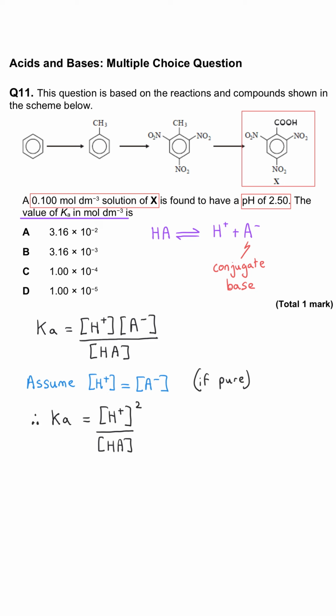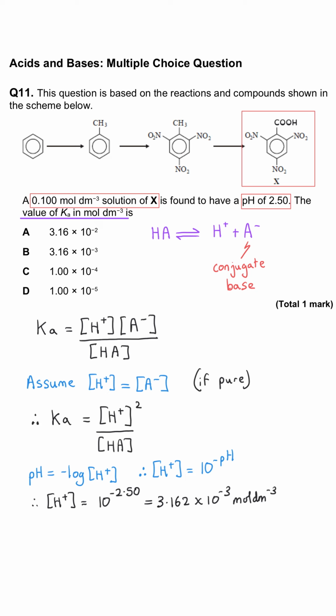And since pH is negative log of H plus, we can therefore calculate the H plus concentration by doing 10 to the minus pH on our calculator. So therefore, H plus concentration is 10 to the minus 2.5, which gets us 3.162 times 10 to the minus 3.